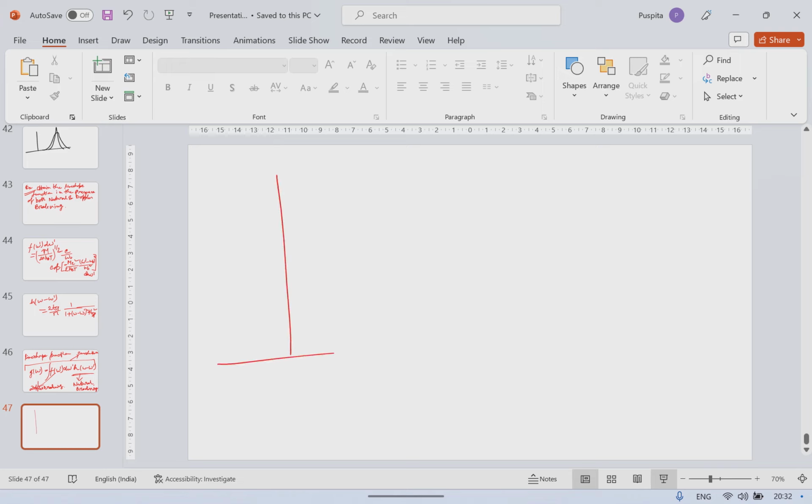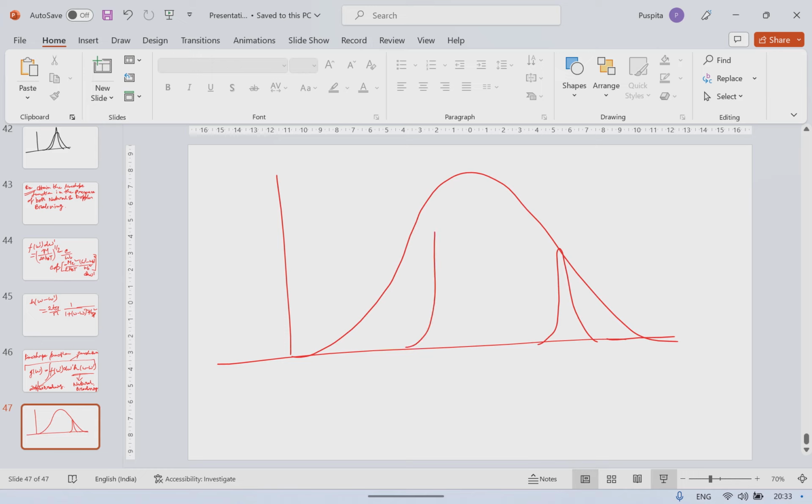Now I want to draw some pictures: what would be the shape of a Doppler broadened emission line? The overall shape is like this, but there are different parts.